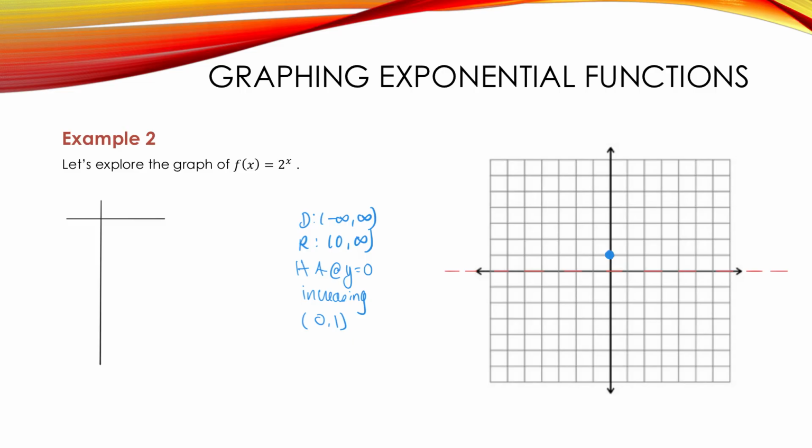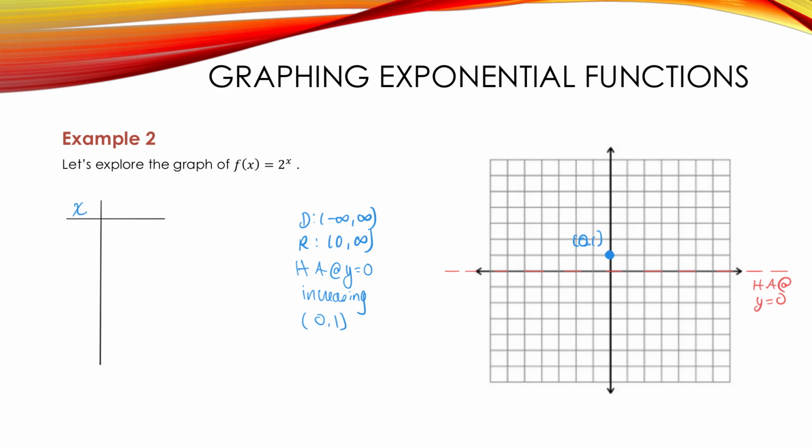And so that's our y equals 0. That is our horizontal asymptote. So we know that's there, and we know we're going through the point 0, 1, which we can label at 0, 1. Okay? Well, let's figure out a few other points.